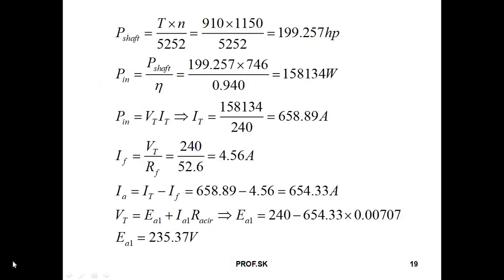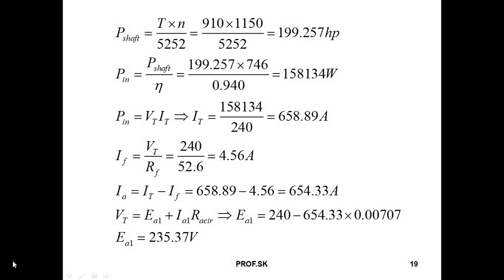Then P shaft is equal to T times N divided by 5252, which is 910 times 1150 divided by 5252, which is 199.257 horsepower.